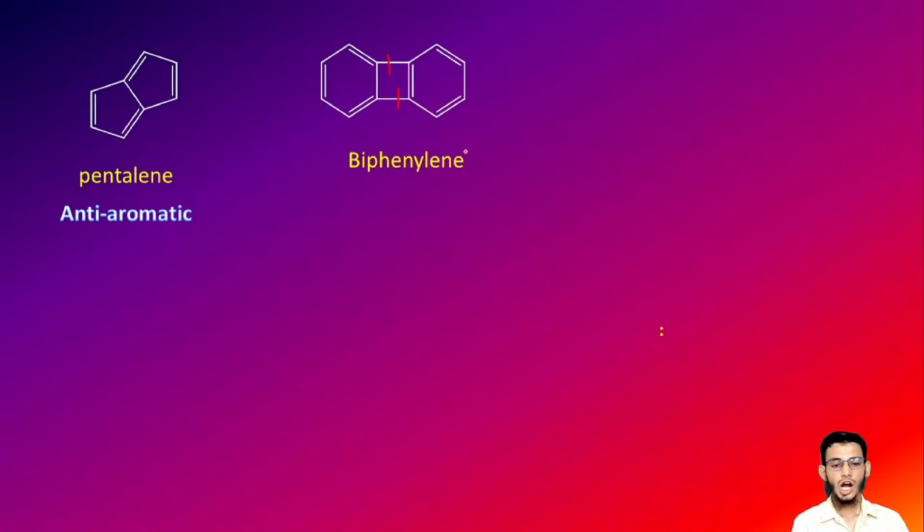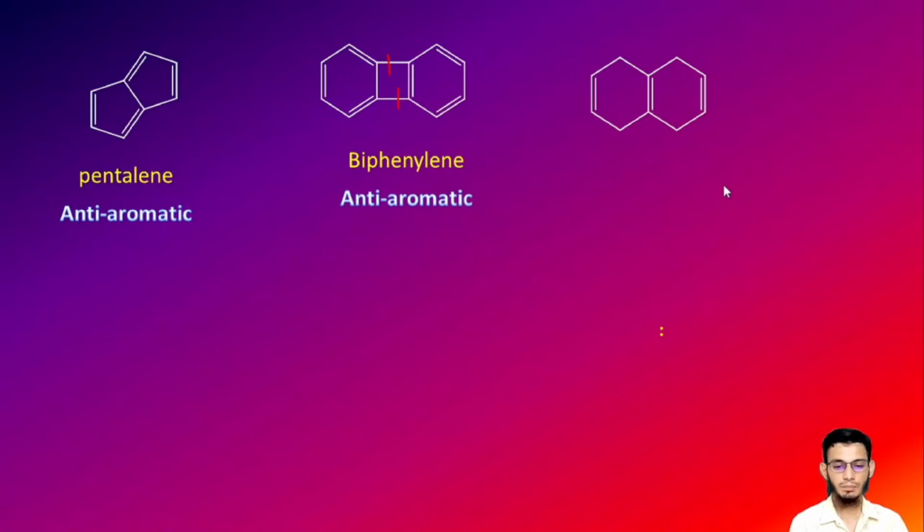Third rule, how many pi electrons? 2, 2, 2, 6 and 6, 6 plus 6, 12. So 4 threes are 12. So here 12 pi electrons, so 4n pi electrons. So it is anti-aromatic. I hope you understand very well.